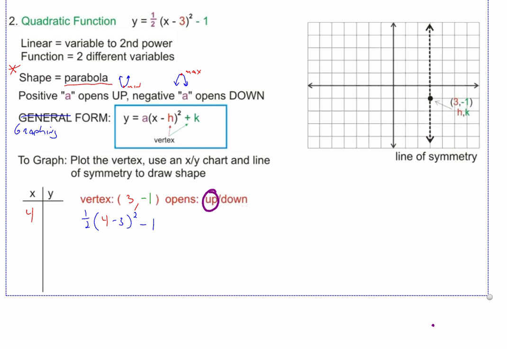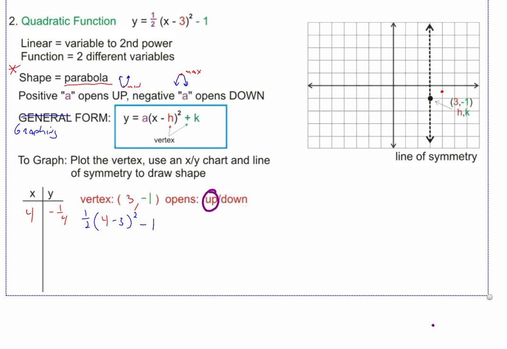Look at the equation. 1 squared is 1. 1 times 1/2 is 1/2. Positive 1/2 and a negative 1 is negative a half. So we get the point 4, negative 1/2. So go to your graph and plot the point 4, negative 1/2, and it would be right there.